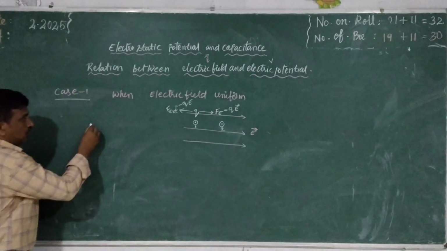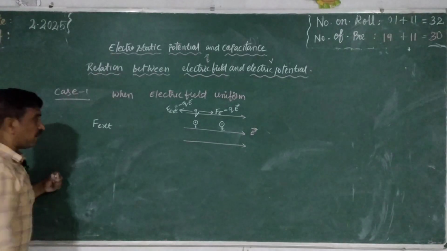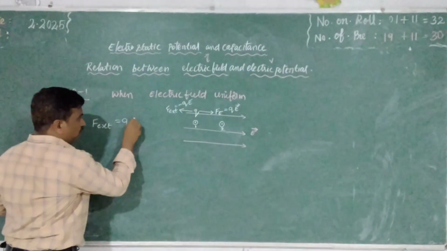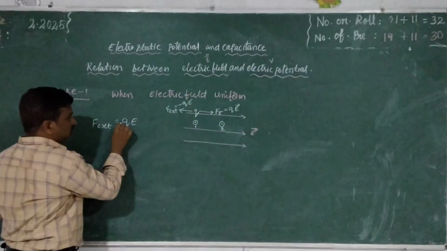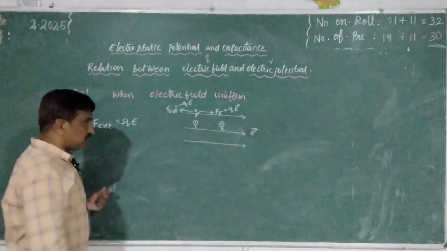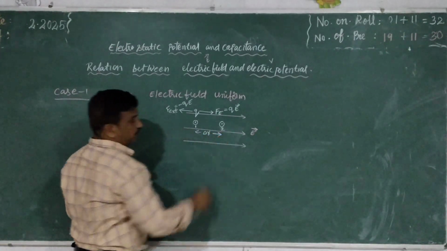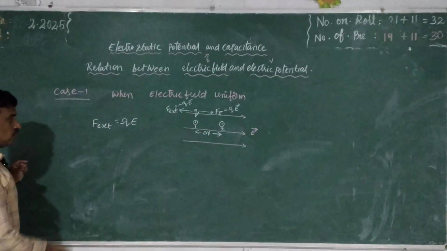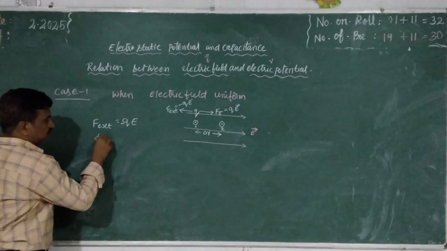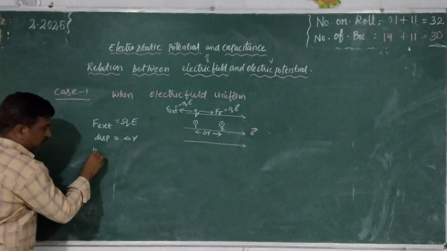First we write what the external force acting on it is, that is QE. Due to this force, the charged particle is moving from one point to another point. What is the displacement here? See, delta R is the displacement from the first point to the second point. What is the work done here?